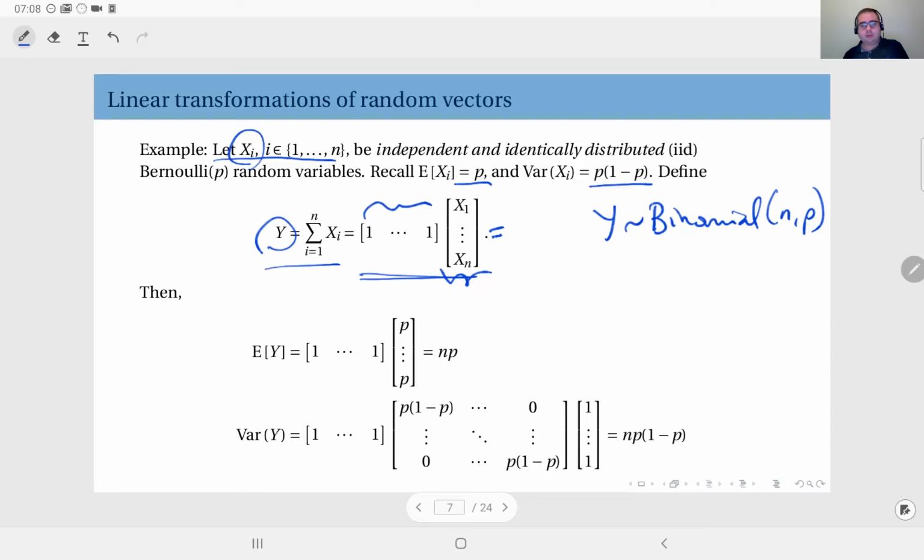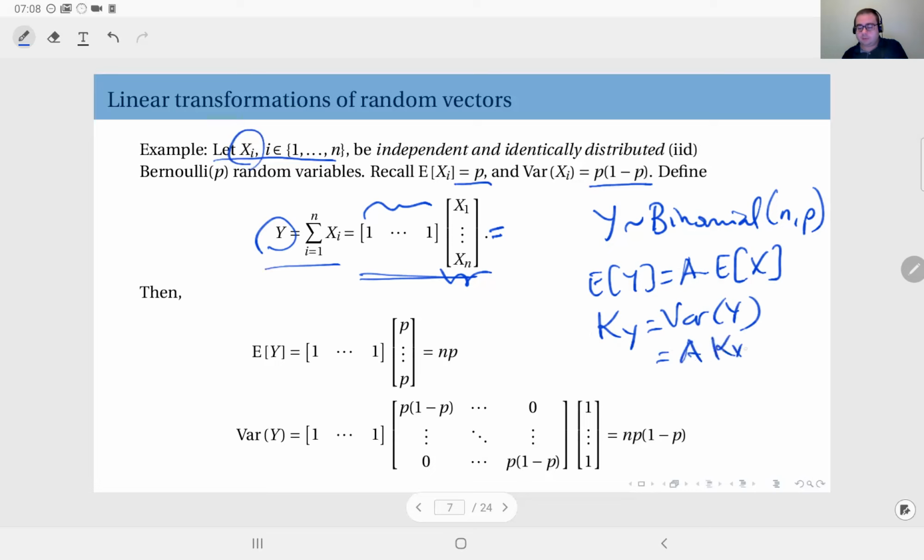And when you write the expected value of y, remember, the expected value of y will be equal to A times the expected value of x, and the covariance matrix of y, which in this case reduces to the variance because it's dimension 1, can be written as A times the covariance matrix of x times A transpose, right?